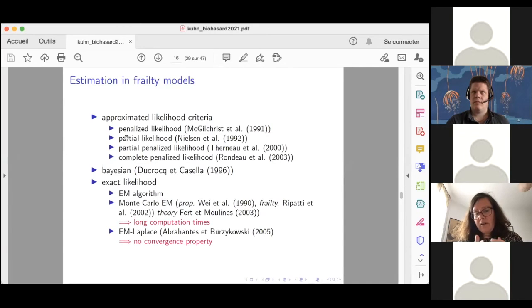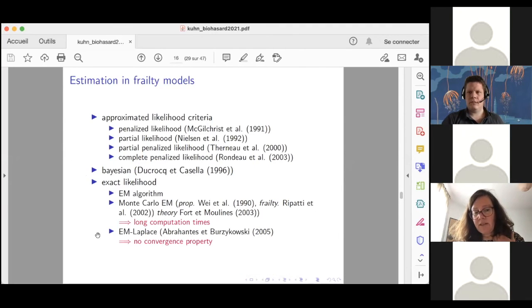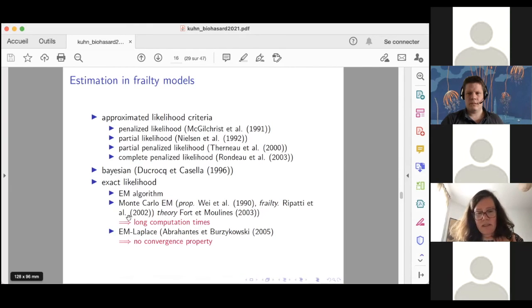And so usually people show many examples and the methodology works on these examples, but you have no theoretical properties for the procedure. In the methodology based on exact likelihood, you do no approximation of the target criterion, but you approximate numerically, through intensive simulation, several quantities in the EM algorithm.